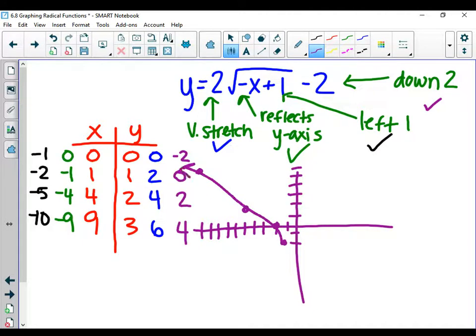And if it was drawn correctly, it probably would look more like a square root.